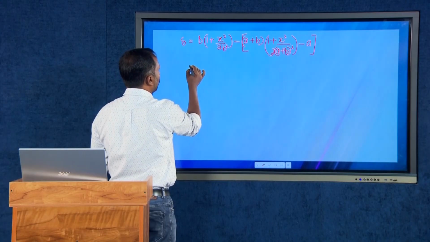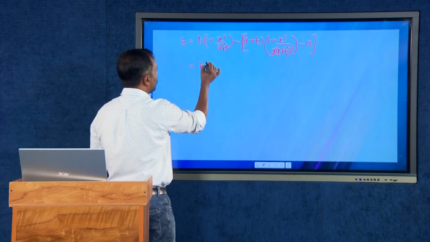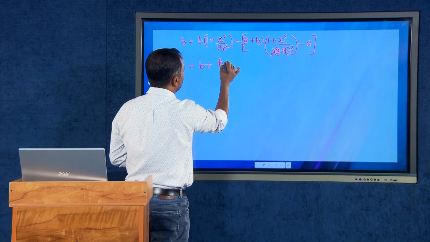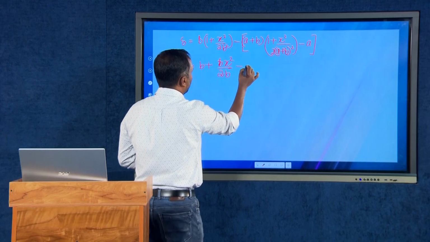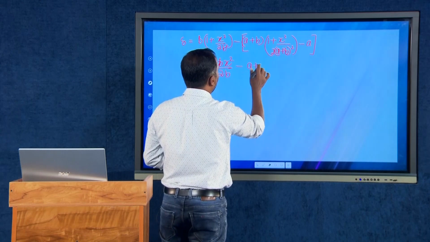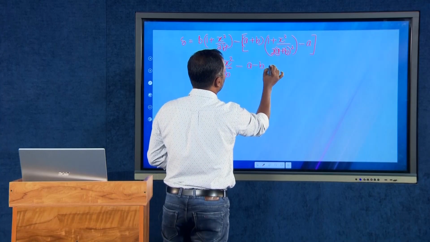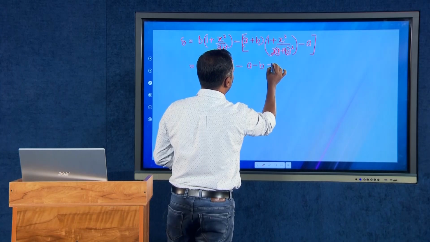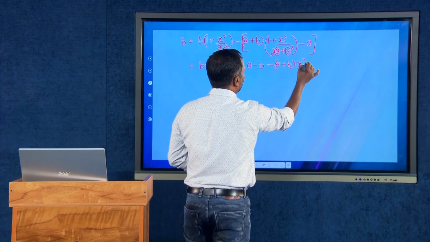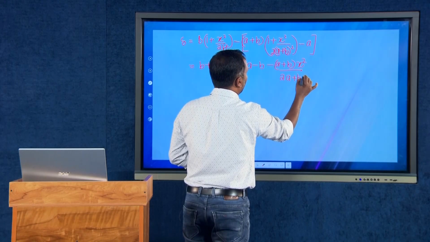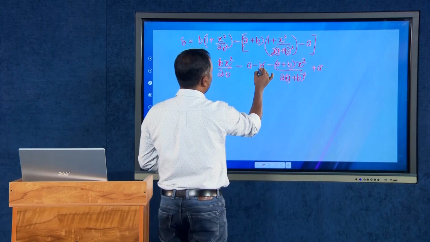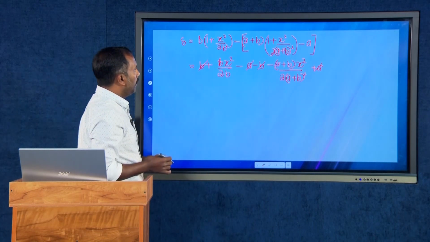Opening the brackets, this will be B plus B X square divided by 2B square, minus B, minus A plus B into X square divided by 2 into A plus B all square, and minus into minus, that will be plus A. So the B and minus B get cancelled out, the A and A get cancelled out, and we have the formula like this.